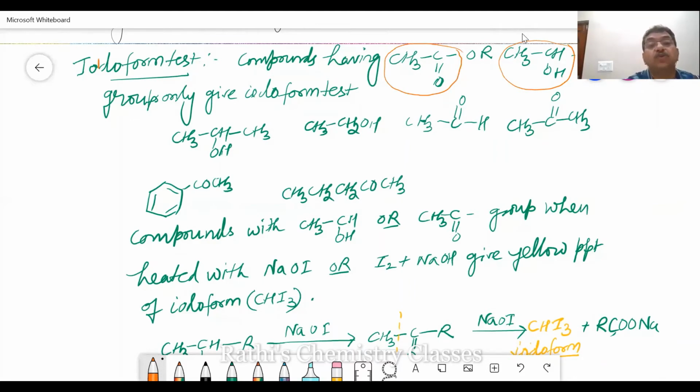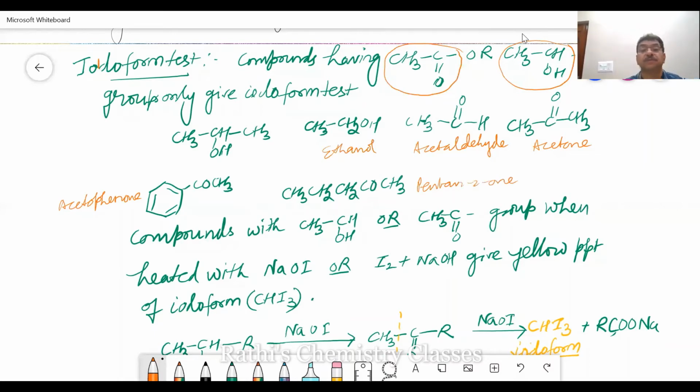Like propan-2-ol, ethanol, acetaldehyde, acetone, acetophenone, pentan-2-one. All these compounds give this test.